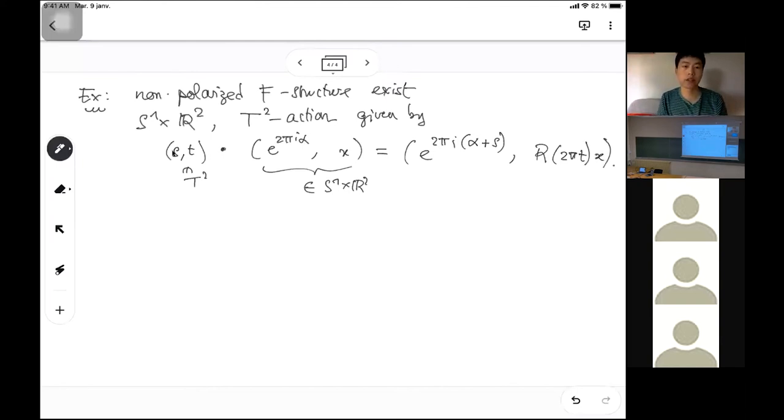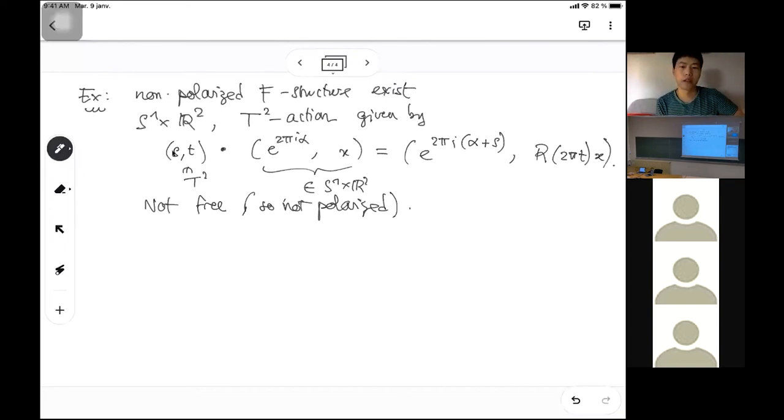And clearly, this is not a free action. In other words, it's not a polarized action. And we need to understand how to collapse this kind of metrics using this kind of actions, right?